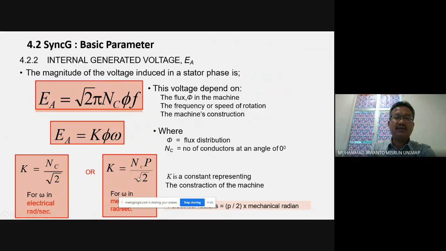I repeat again, 1 electrical radian per second is equal to P over 2 multiplied by mechanical radians.